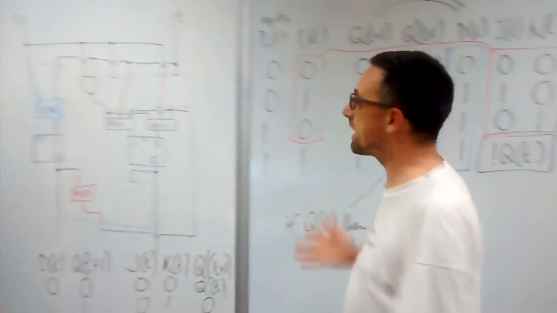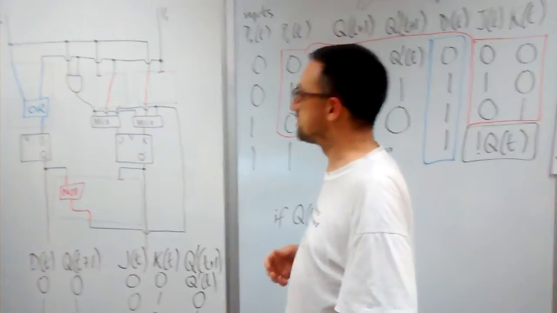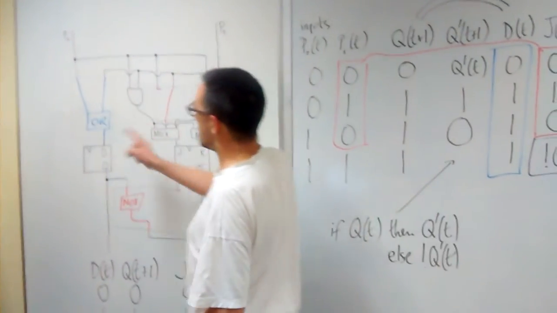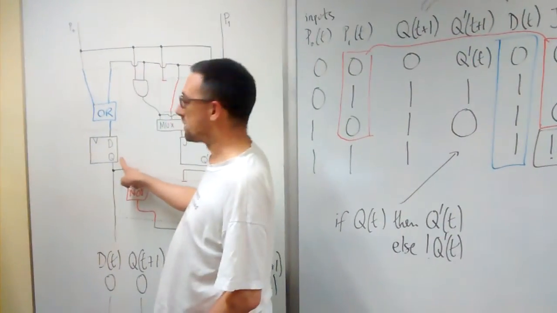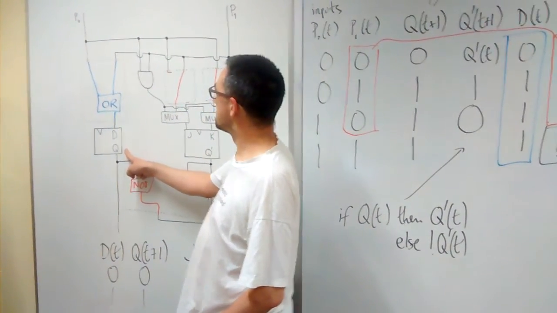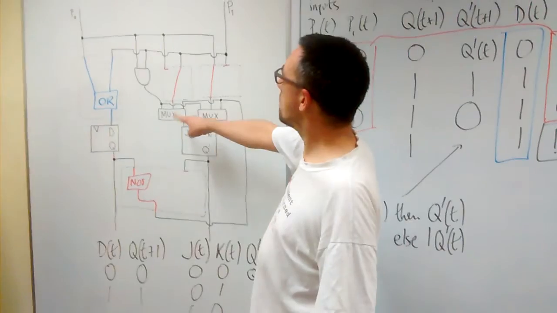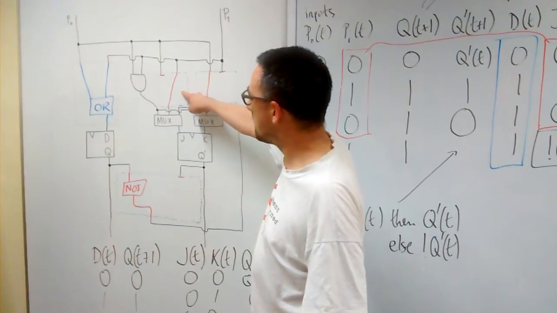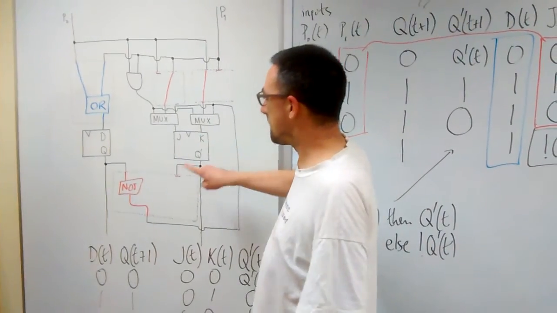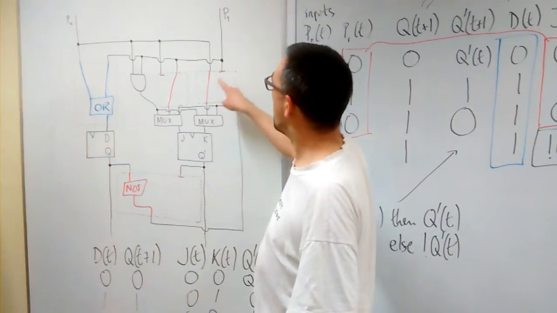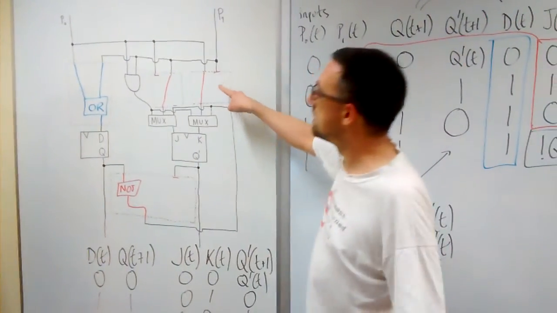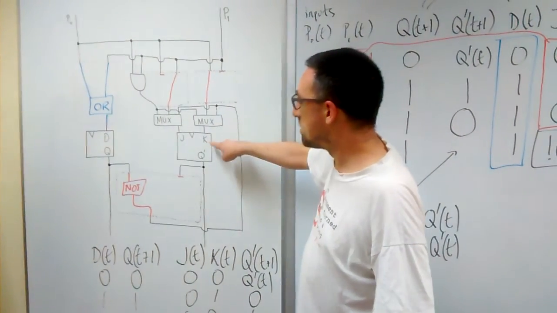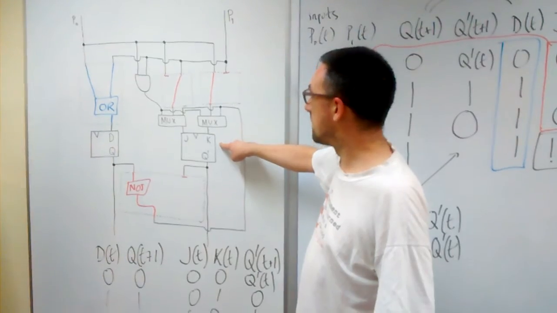Let's just check that it fits with the description. If either computer wants to print, one computer will get to print. If there's no competition, then computer 1 will successfully set the JK flip-flop. If there's no competition, then computer 0 will successfully reset the JK flip-flop.